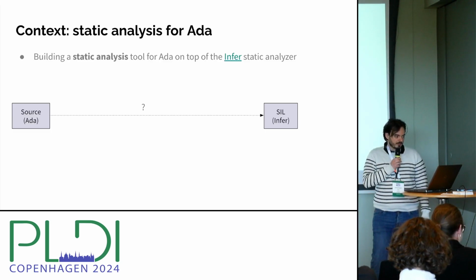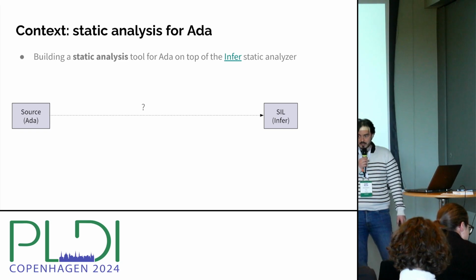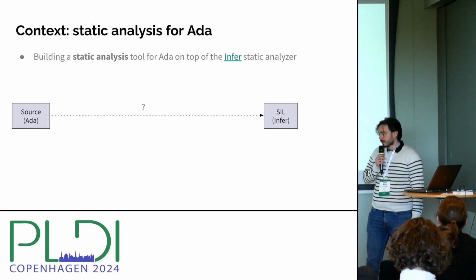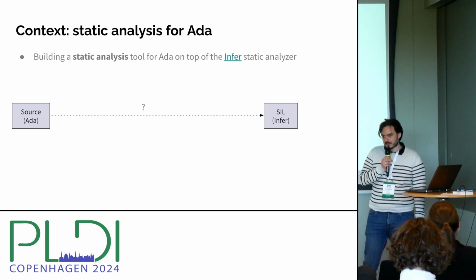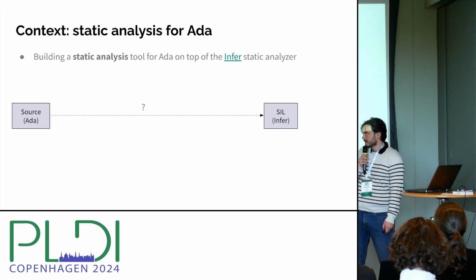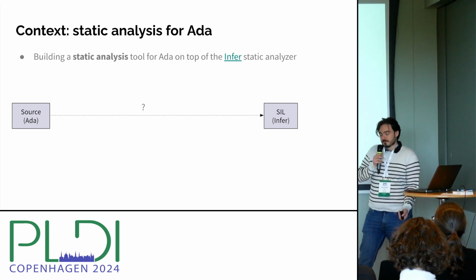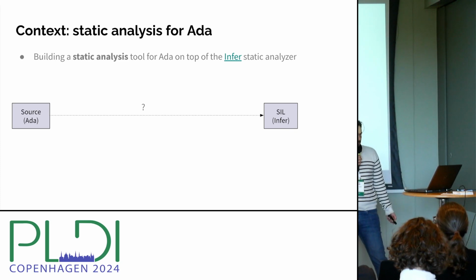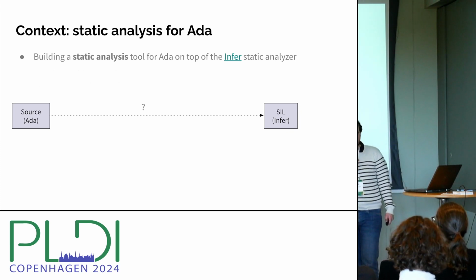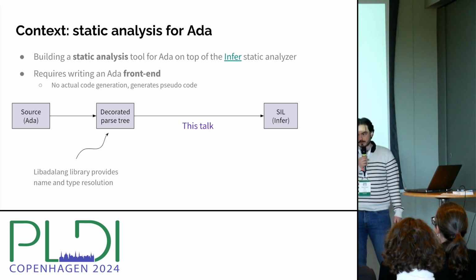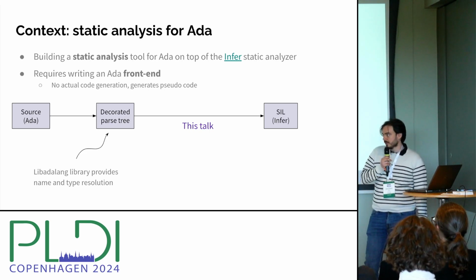So first, a bit of context, of course. We developed a front-end for Infer at AdaCore that targets SEAL. But first, we needed to go from source to this actual intermediate representation. And for that, we use a tool at AdaCore called LibAdaLang, which we developed.